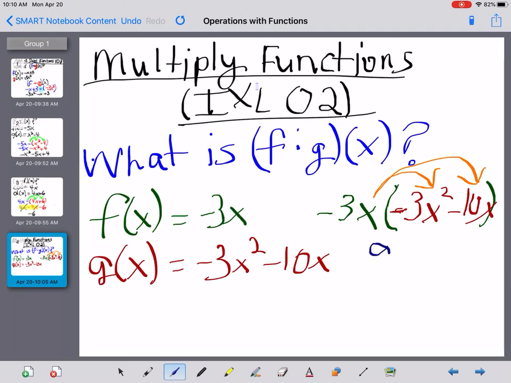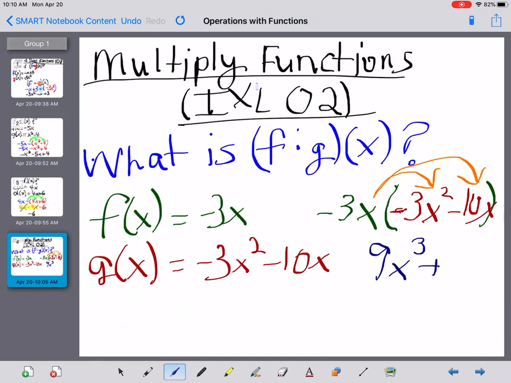So negative 3x times negative 3x squared is a positive 9x. Remember what happens when you multiply variables though? You add the exponents. So x to the first, x to the second. We're multiplying them. So 1 plus 2, I'm adding my exponents, so it's going to be 9x to the third power.